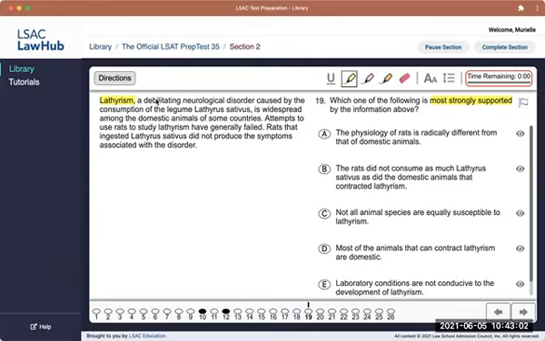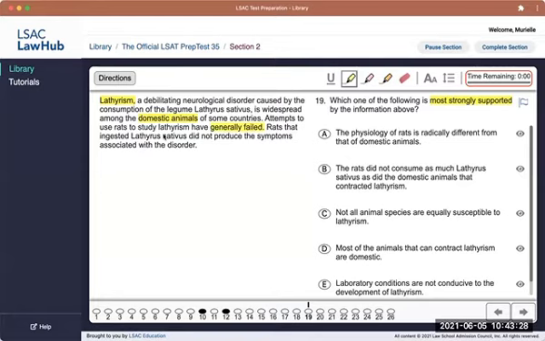Okay. So this is a debilitating neurological disorder caused by the consumption of the legume Lathyrus sativus, and is widespread among the domestic animals of some countries. Attempts to use rats to study Lathyrism have generally failed.